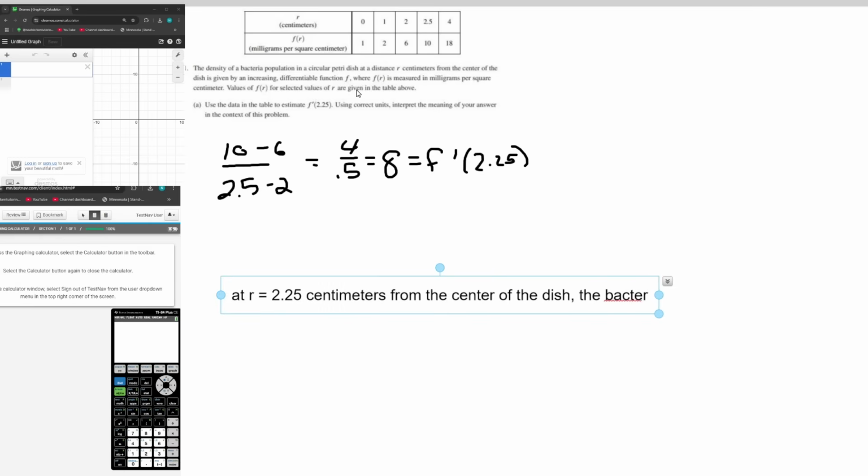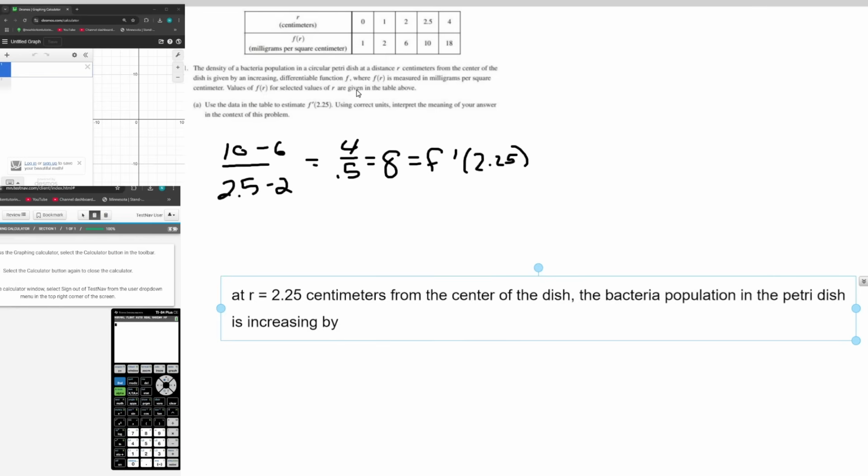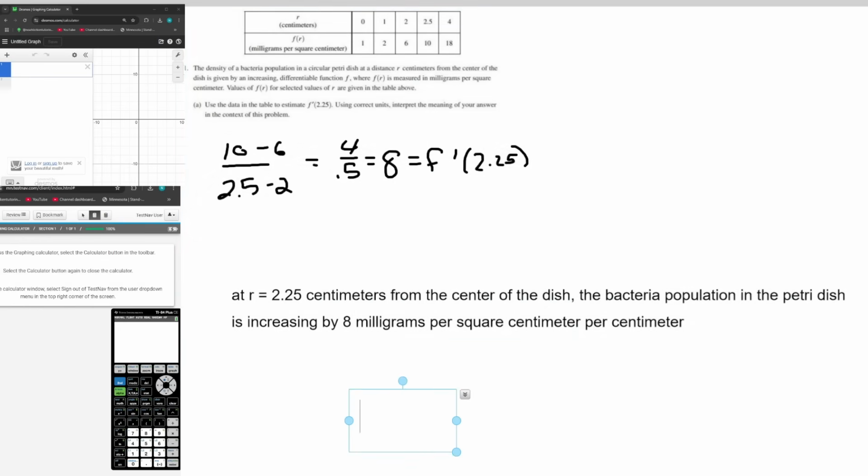So the bacteria population in the petri dish is increasing by 8, and then now we have to do the units. So that's literally just y per x. So by 8 milligrams per square centimeter per centimeter. Okay, so again, it's just y, which was milligrams per square centimeter, per x, which is per centimeter. Okay, so that would be our answer to part A.